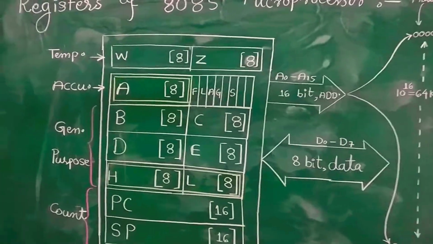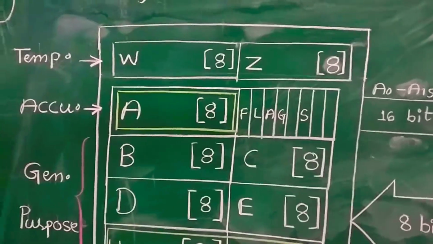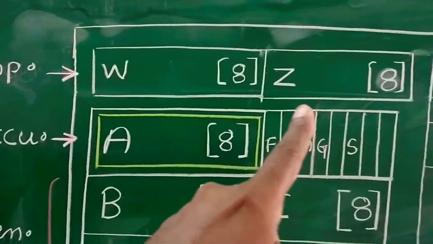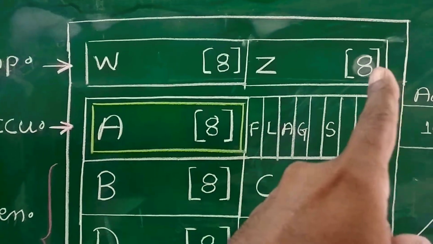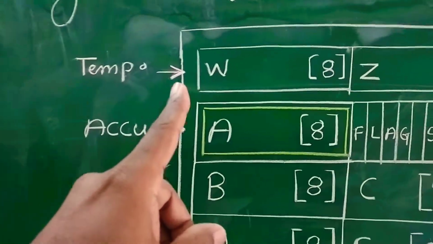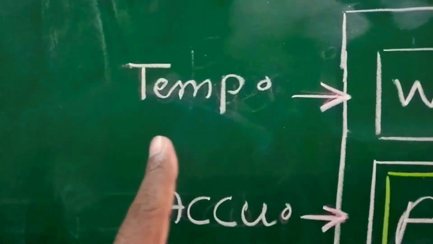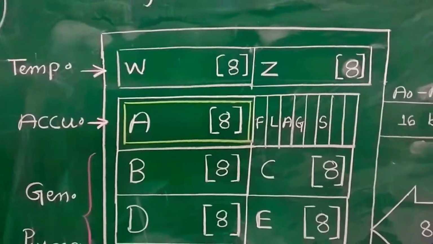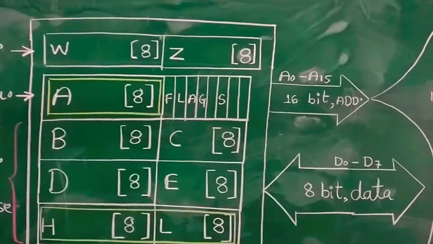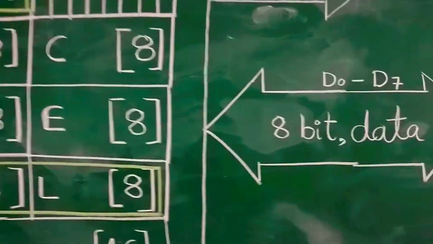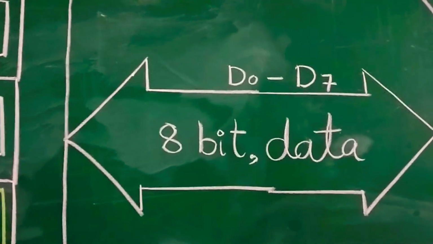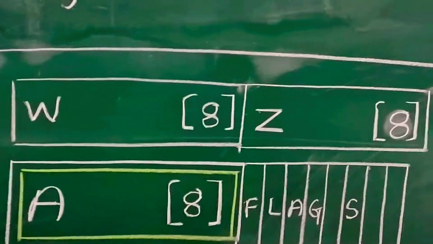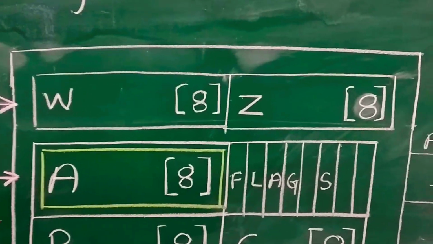As you are seeing at the top, we have two registers, W and Z. These are 8-bit registers, known as temporary registers. Whenever data or instruction code comes from the 8-bit data bus, it is temporarily stored in the W and Z registers.